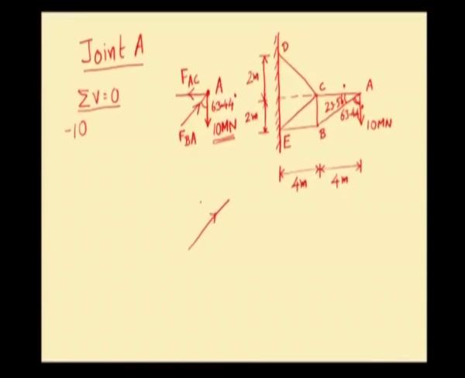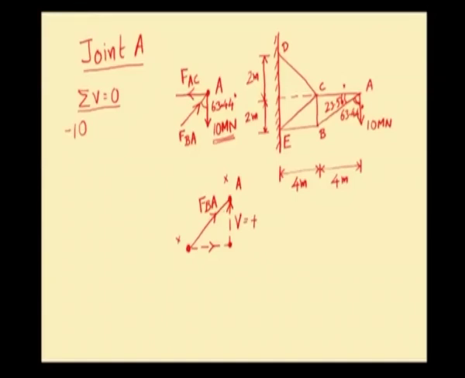The force FBA goes in this particular direction, that is it starts here and it ends up at joint A. To travel along this path, horizontally we have to move towards right and reach this particular point, and then vertically we have to go upwards. So, the vertical component of FBA goes in the upward direction. So, its sign will be plus.